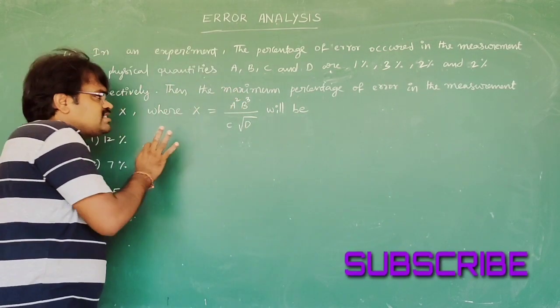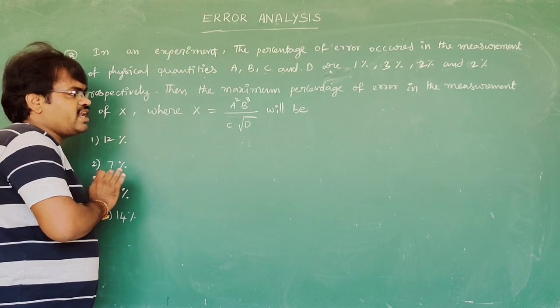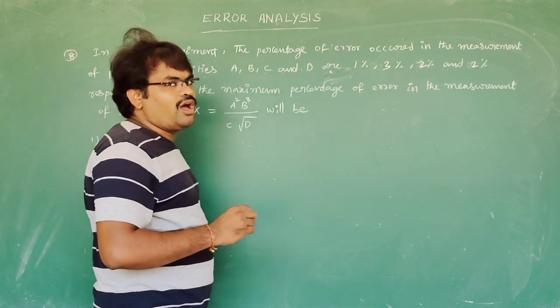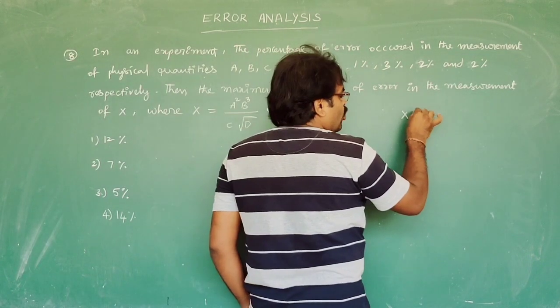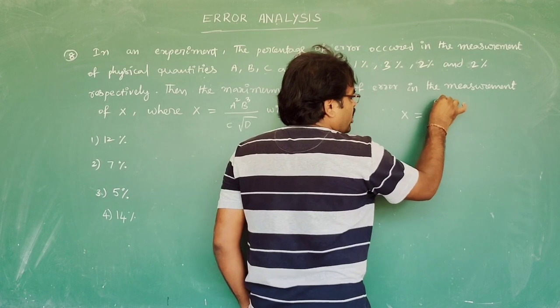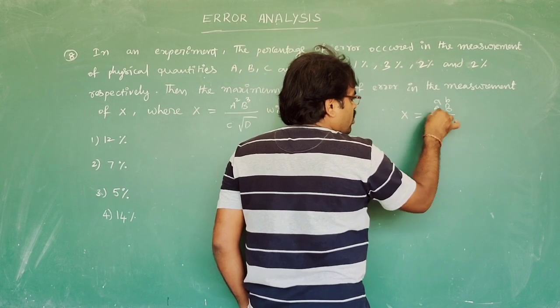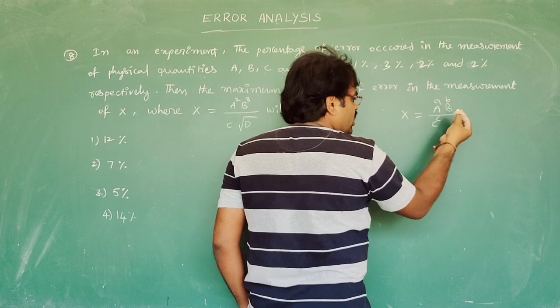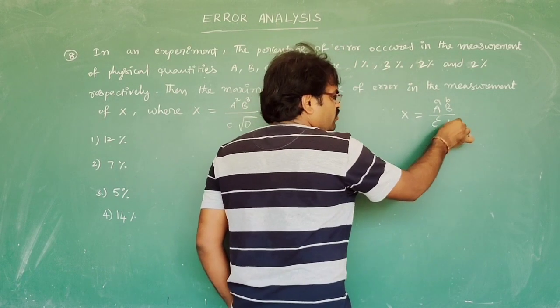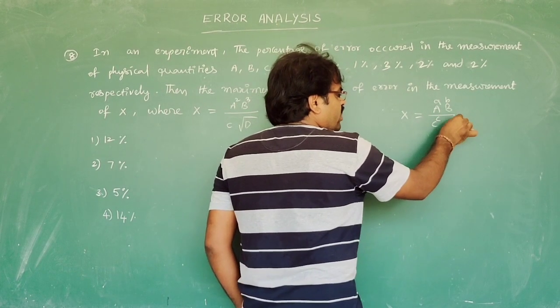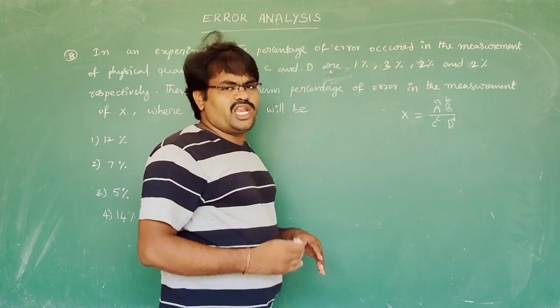Here they are asking the maximum percentage error. We know the formula of x is equal to the relation a power of a, b power of b, c power of c, d power of d. They given like this is the relation.